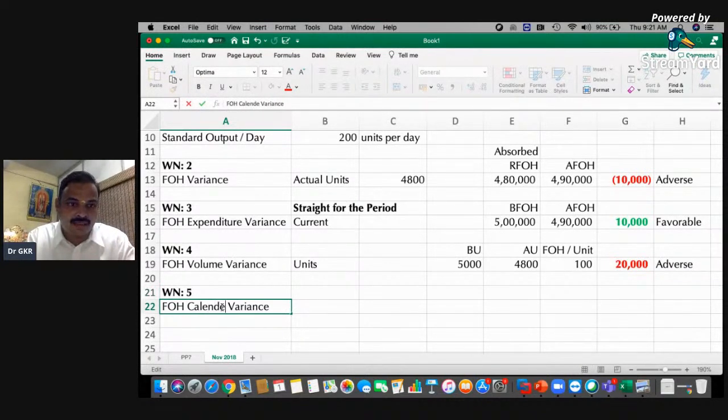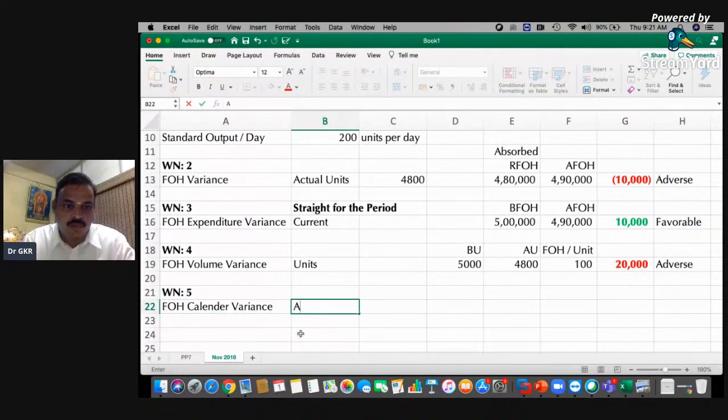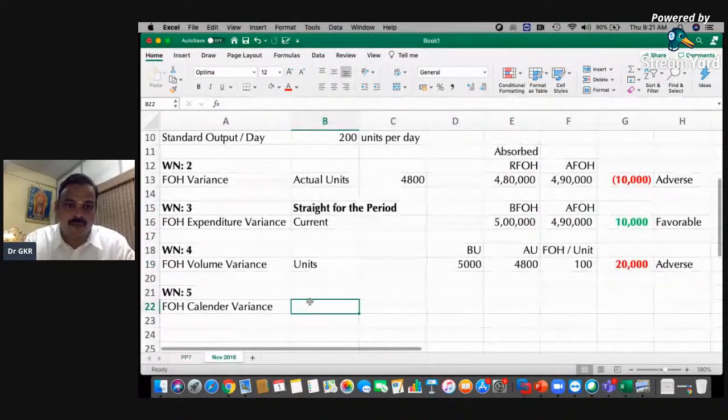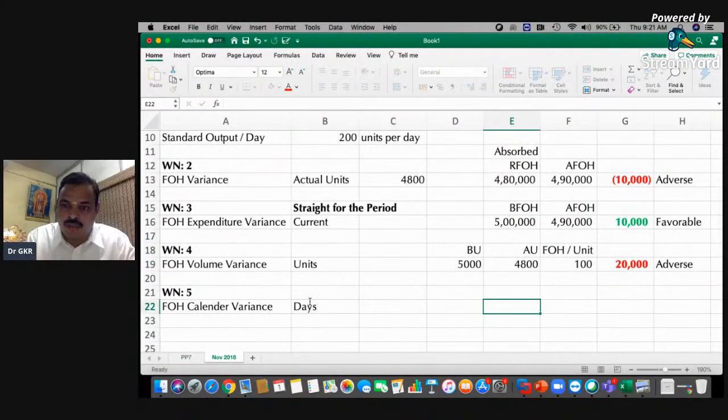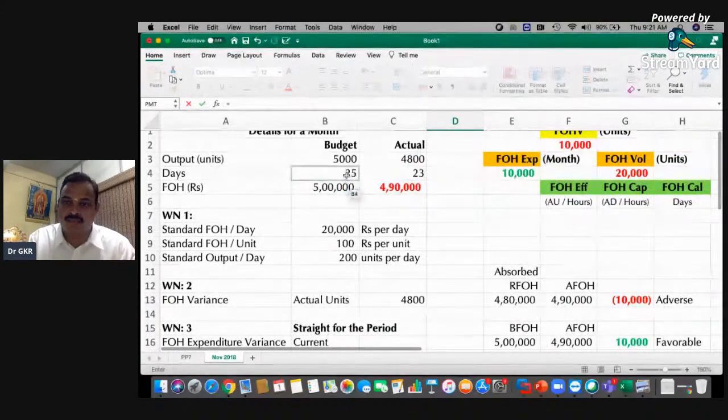So what is calendar, guys? Days. Actual days. All of you know how to find calendar. You have to find your budgeted days, your actual days, and the fixed overhead per day. That's all. Very simple. Your budgeted days is 25 days.